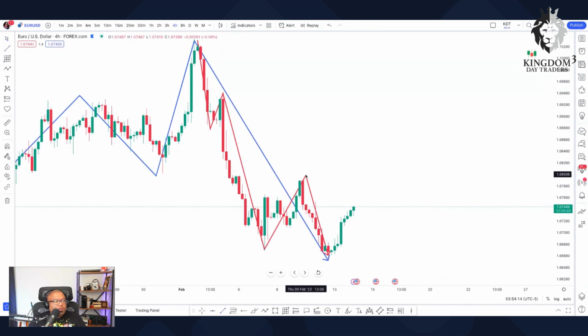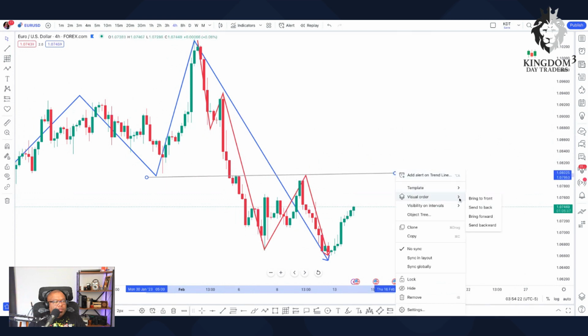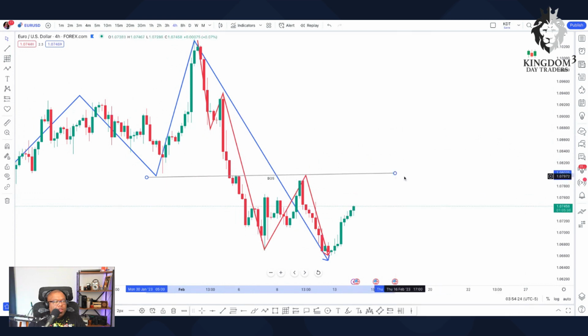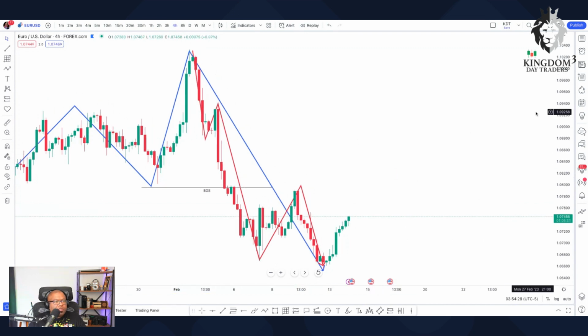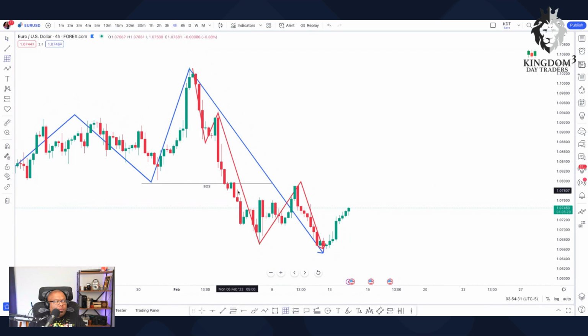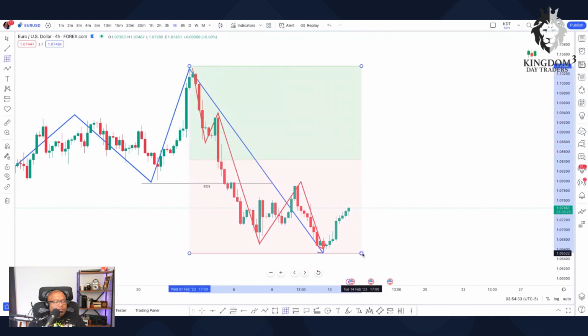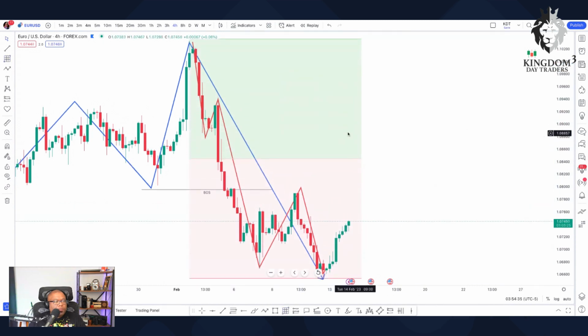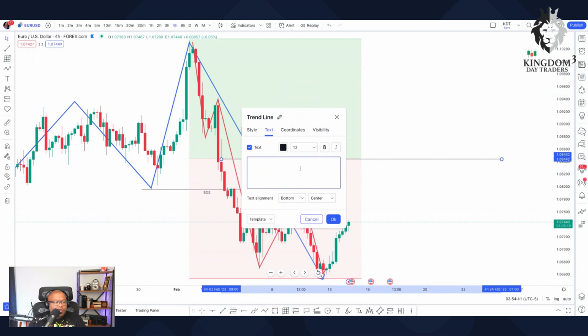However, it's only going to be really valid once we break this. But keep in mind that price is trying to get back. See, here's your breaker structure on the daily. This is just a sell version of it. And now if we draw on our premium and discount from top to bottom, we get the scenario where this is equilibrium.